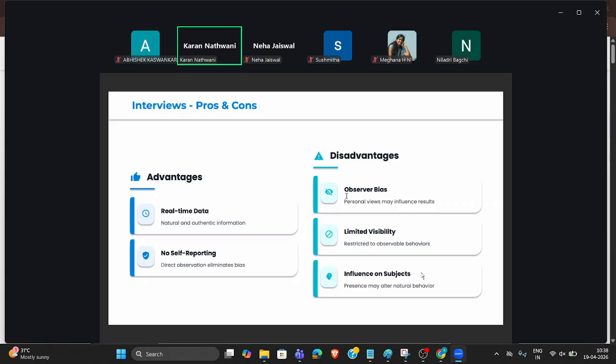Then comes limited visibility. It is restricted to observable behaviors, for example restricted to a particular time instant itself.